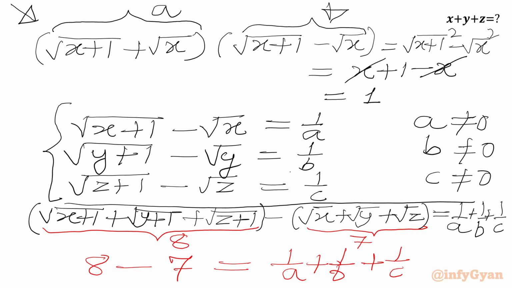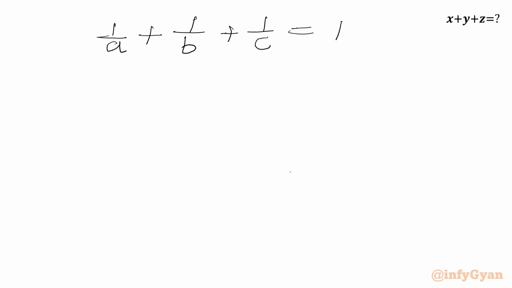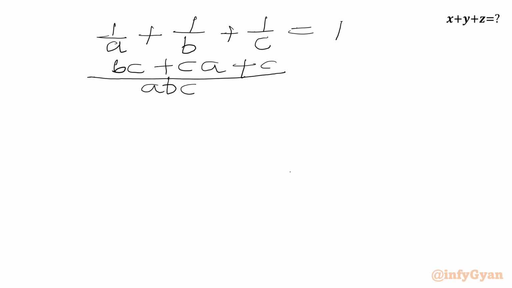So we can write 8 minus 7 is 1. We will be writing our equation 1 over A plus 1 over B plus 1 over C. This will be equal to 1. Now we are going to take LCM over here. I will write here A times B times C. So in the numerator we are going to get BC plus CA plus AB equal to 1.